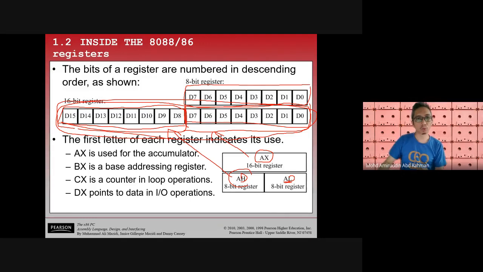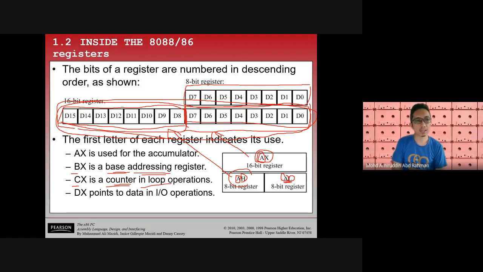Now the letter here: A is for accumulator, and B is for base addressing register. C is for counter in loop operation, so it will increase 1, 2, 3, 4, and so on. B is for base addressing, as we learned we need to address each piece of information.